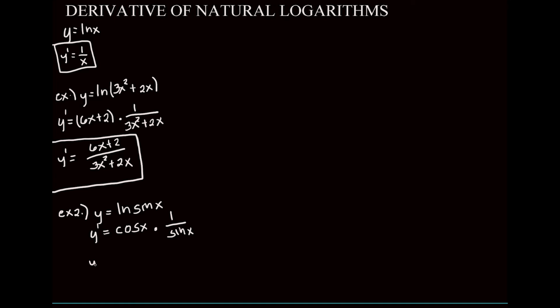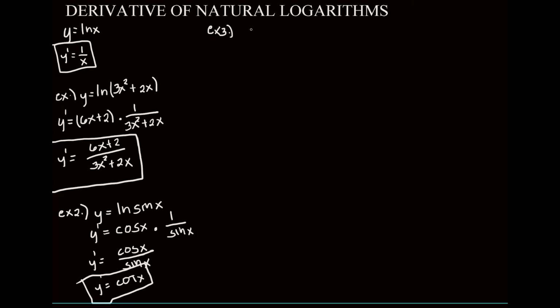So we now have y prime is equal to cosine x over sine x, or y prime will just be equal to cotangent of x, because cosine over sine is just equal to cotangent of x. Easy, right? So let's take a look at example number 3.